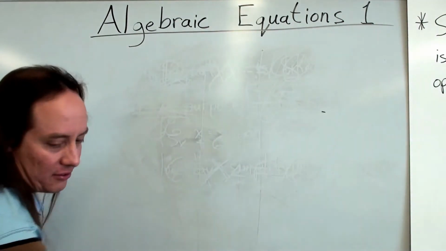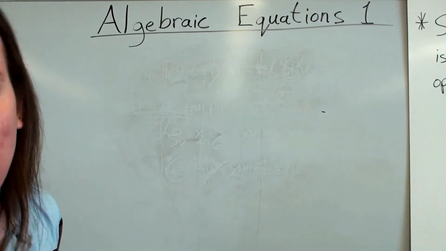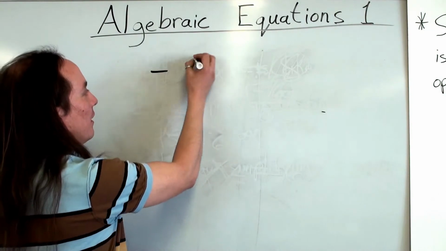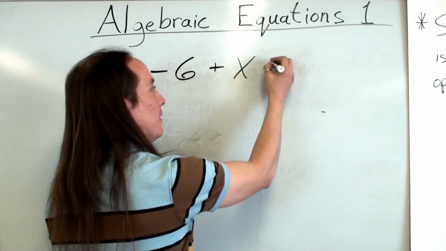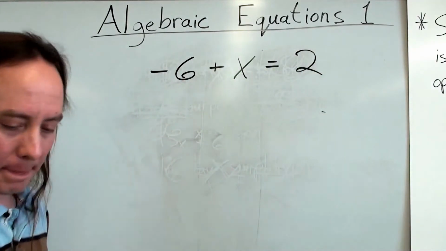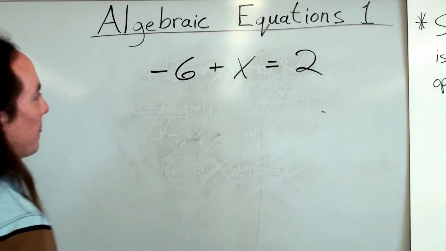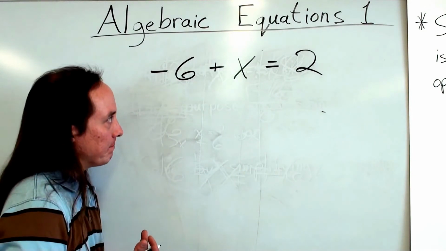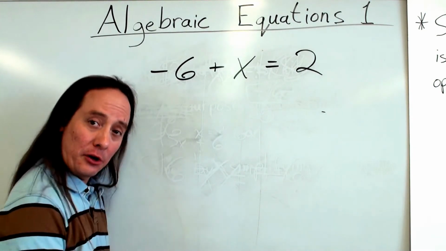Let's do a couple more. Let's change it up a little bit here. Let's try that one. Remember how the signs work. We want to do the opposite of the sign, because again, we're adding and subtracting. We're grouping like terms.